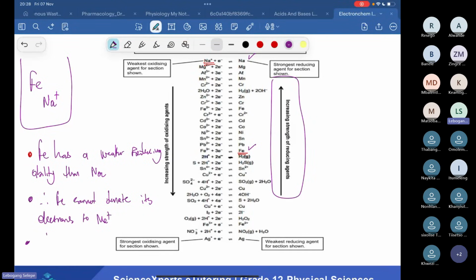It means that Na plus won't be reduced. Therefore, a reaction won't take place. If Na plus is not being reduced, then Fe is also not being oxidized. Therefore, a spontaneous redox reaction won't take place, right?